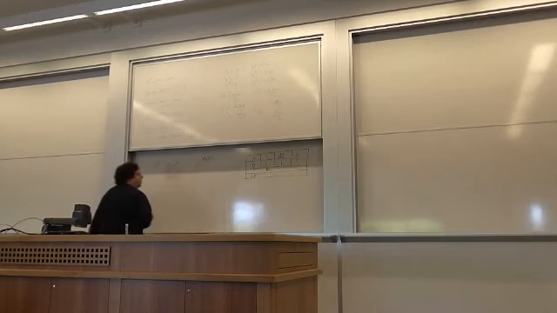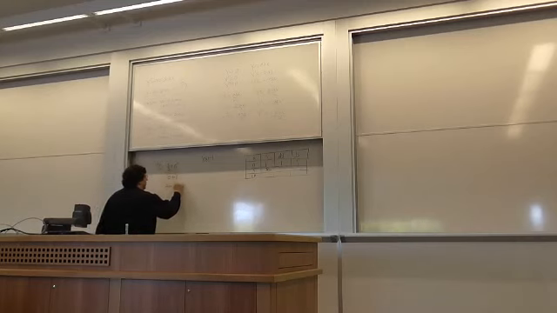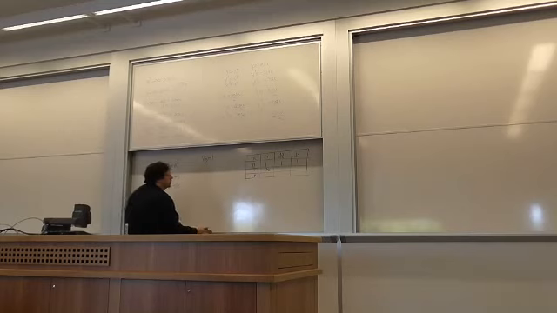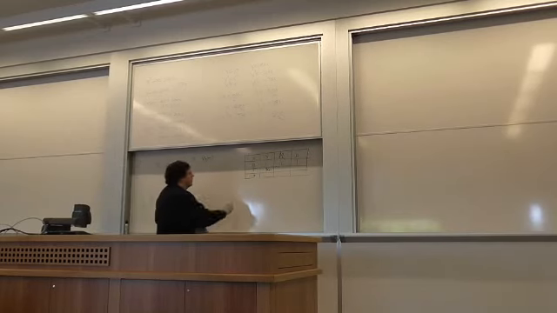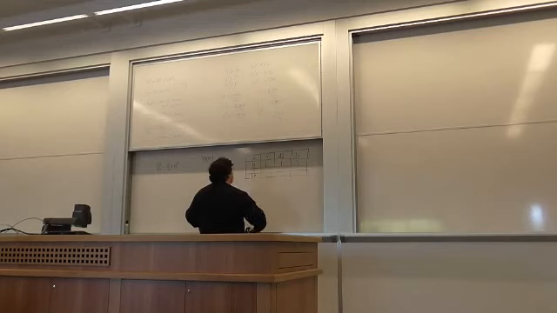So dy/dx is now 3/4 plus square root of e. Wait a minute. What am I doing here? This is 1.5, right?